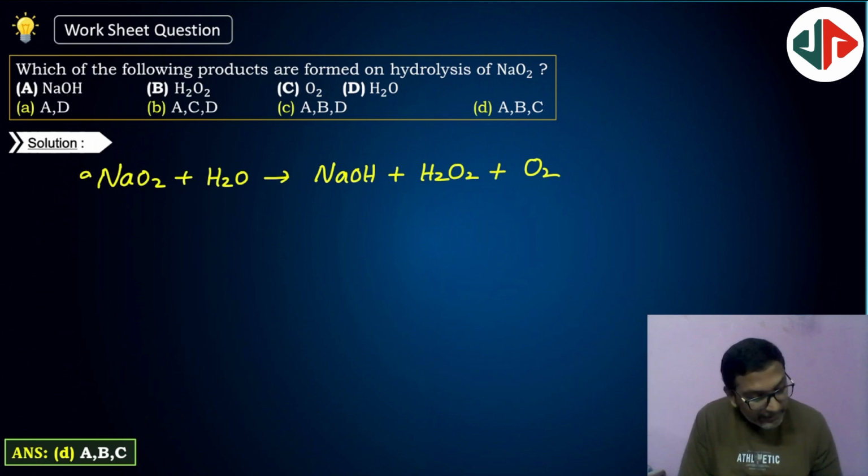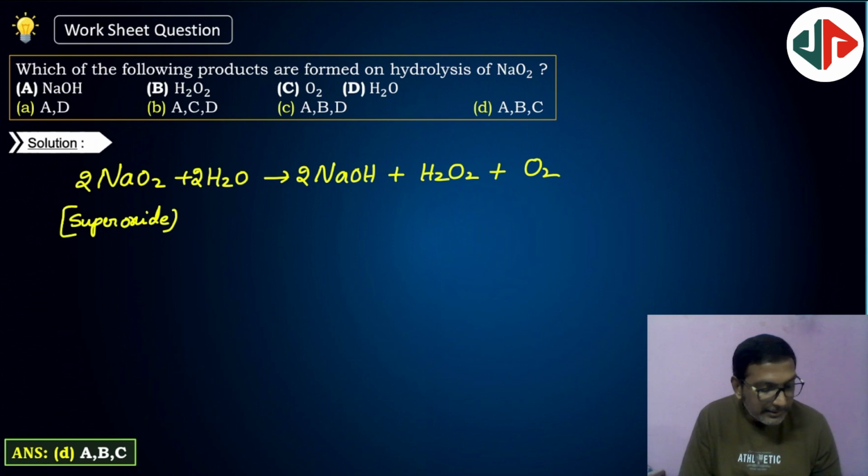After balancing, we get 2NaOH plus H2O2 plus O2. Any superoxide on hydrolysis gives the corresponding hydroxide, H2O2 and O2. So A, B, C, that means option D.